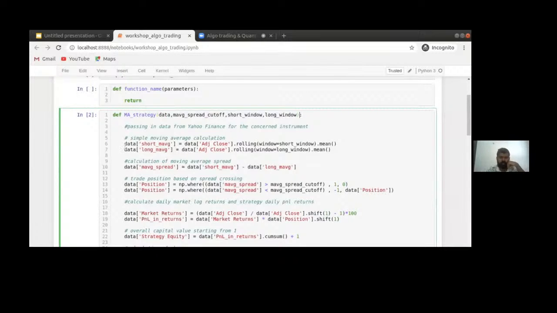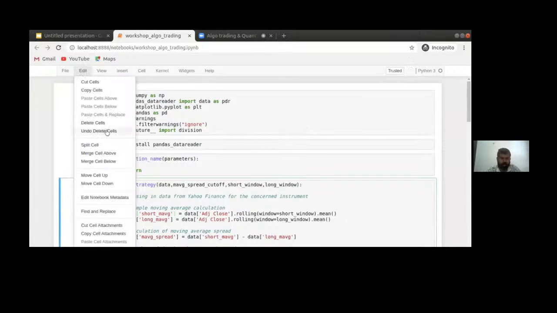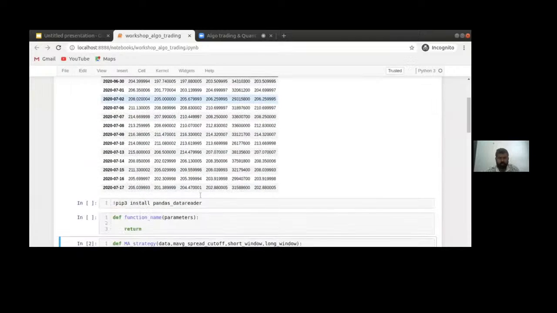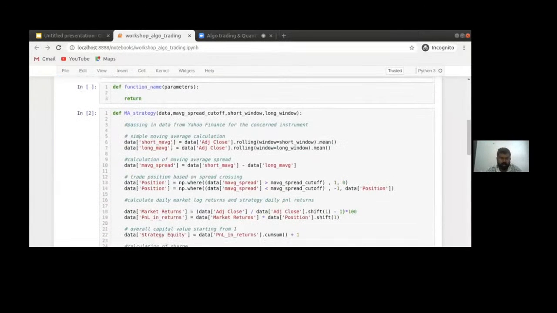So my data I've already displayed. Okay, let me just show it again. This is the kind of data that I'm passing in. Then I'm calculating the short moving average.